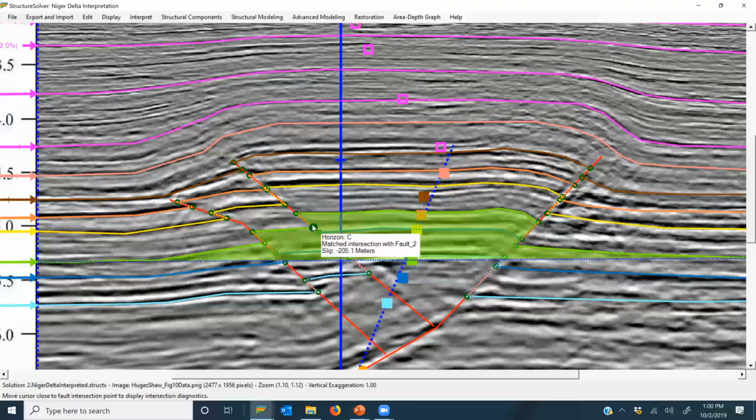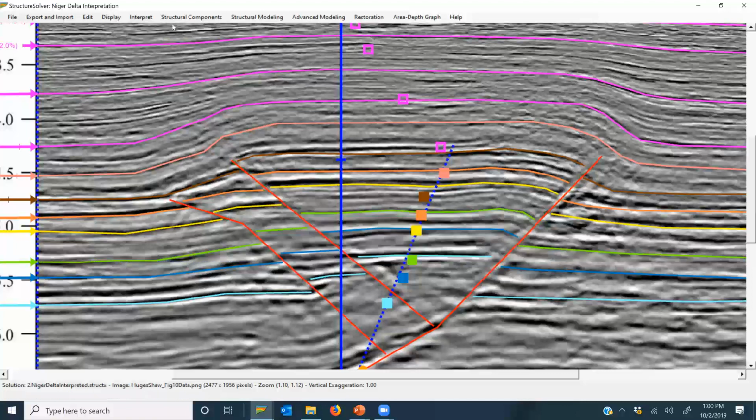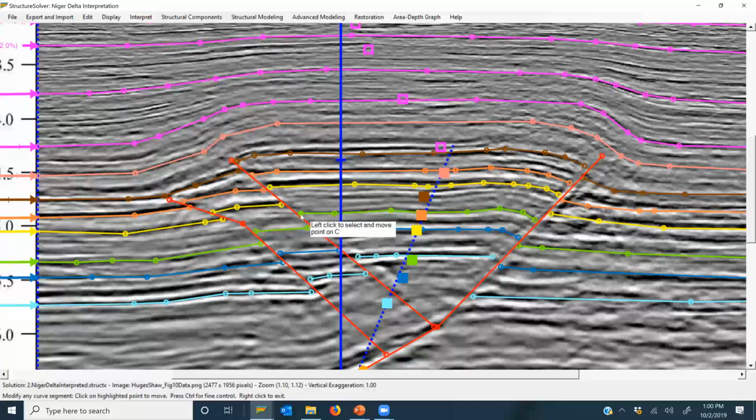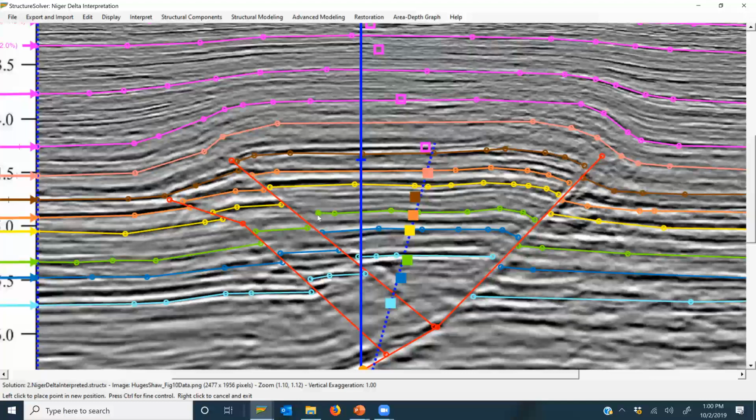It does that for each of the back thrusts as well, automatically. And so if we have issues with how that's been interpreted, the software is really good at getting the projection for it. You can see that as I move around that green horizon, it's still measuring that fold area pretty accurately.